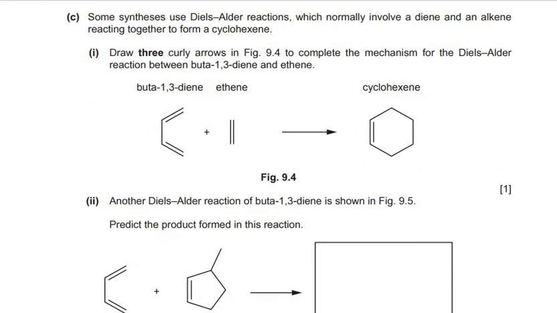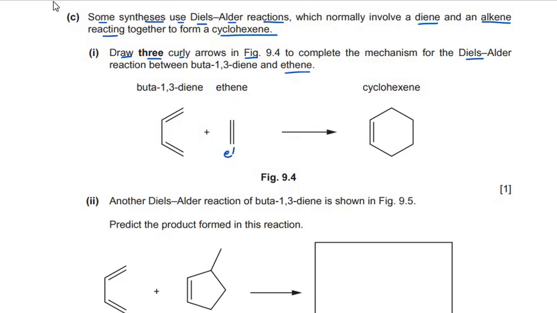If we read the next part, some syntheses use a Diels-Alder reaction, which normally involves a diene and an alkene reacting together to form a cyclohexene. The first part of the question says draw 3 curly arrows in figure 9.4 to complete the mechanism of the Diels-Alder reaction between buta-1,3-diene and ethene.